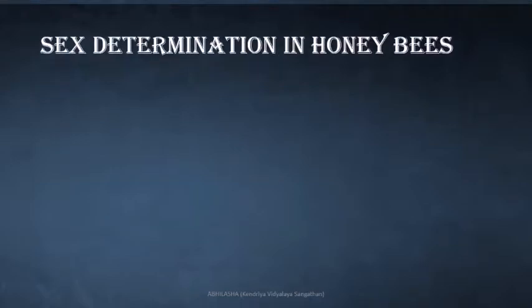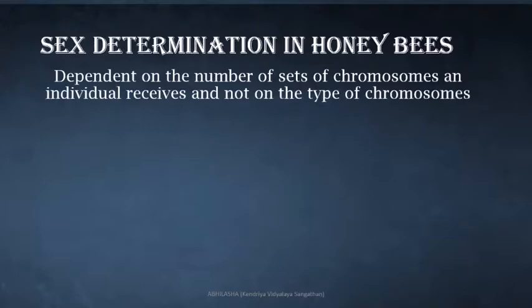Now, there is one very special case that we need to focus on, and that is sex determination in honeybees. Here, the sex is dependent on the number of sets of chromosomes an individual receives and not on the type of chromosome. Now, what does this mean? The honeybee colony has three types of members.